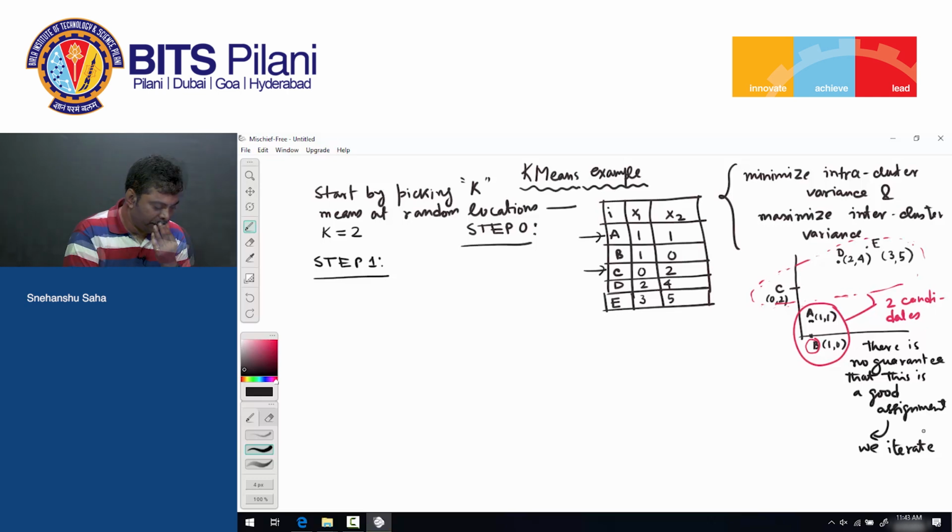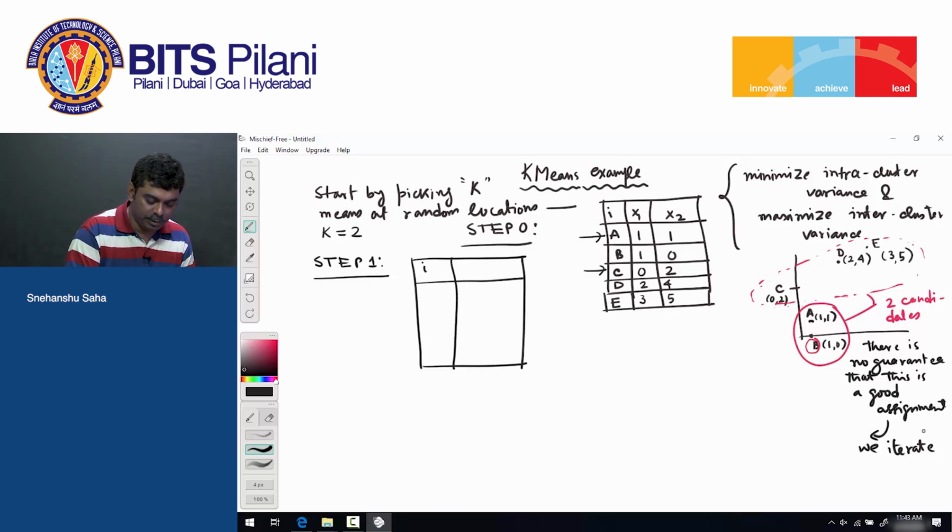So the next step is to do this again: A, B, C, D, and E. And then we keep 2 columns.